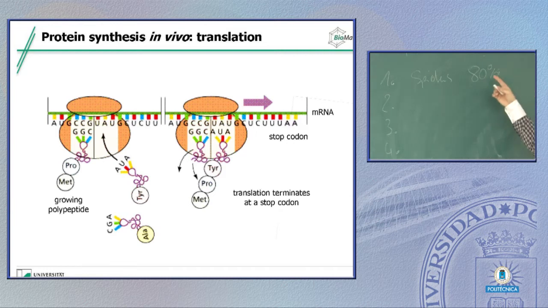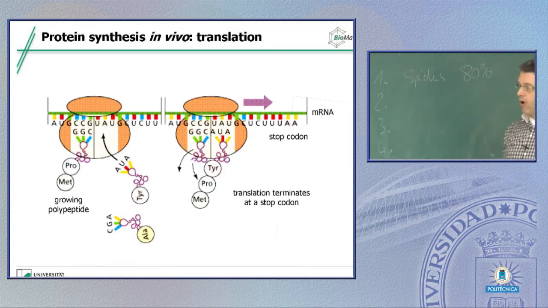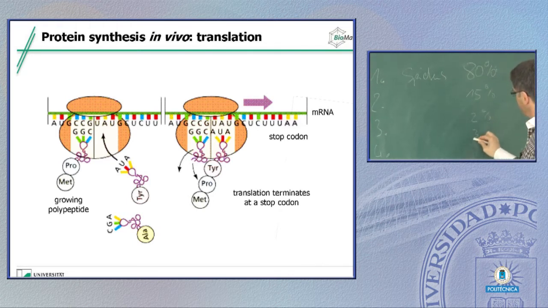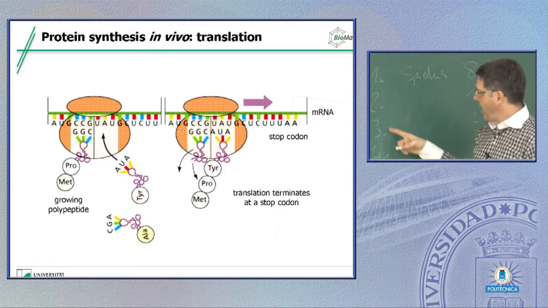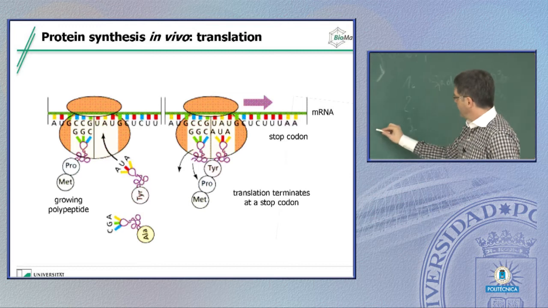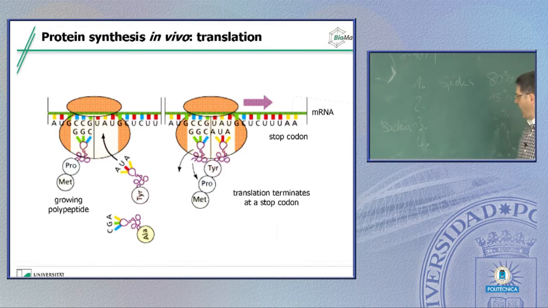Let's say alanine is encoded 80% by this codon number 1, and just, let's say, 15% by this codon number 2, and then to a lower amount, let's say 2 and 3%, by these other codons. And now in bacteria, that's quite different, because bacteria might actually use codon number 3 most often.